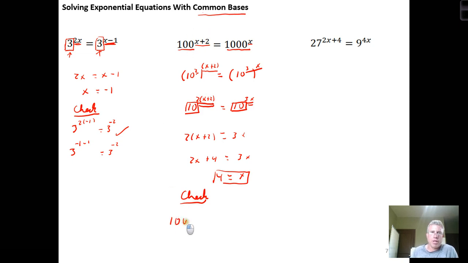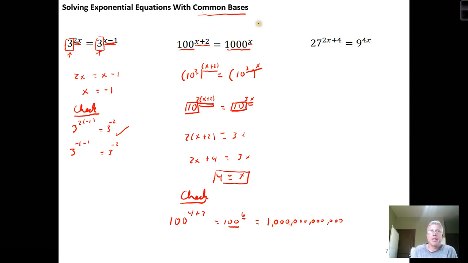So I could take the 100 and replace the x with 4 plus 2, which is the same as 100 to the 6th power, which is going to be a 1 with 6 pairs of 2 zeros after it. So 6 times 2 is 12 zeros, or a trillion.